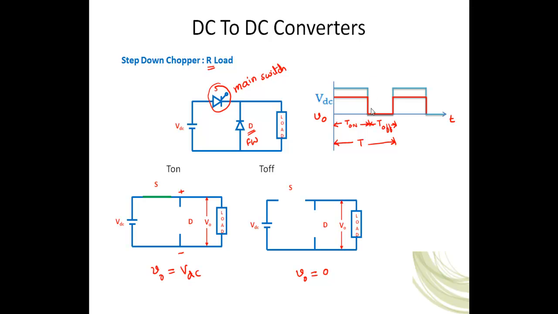You can see that if you are turning on and turning off, we are not getting a constant voltage. How to get a constant voltage? That's where we need to have the filter. But DC to DC choppers are generally not meant for resistive loads. Those are meant for speed control of DC motors. We'll see further how exactly we are going towards the RL load.